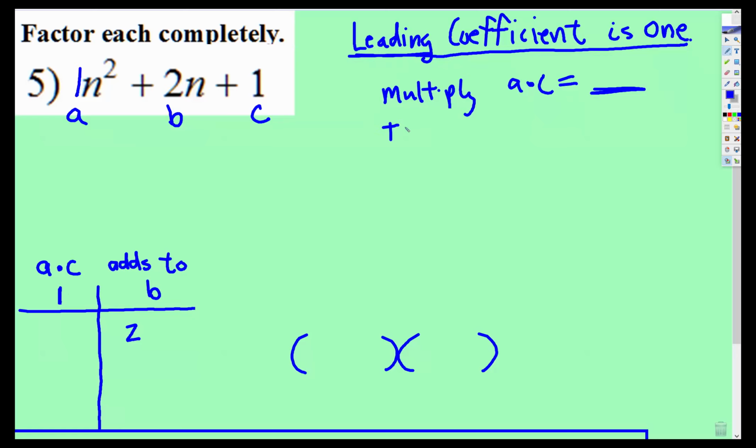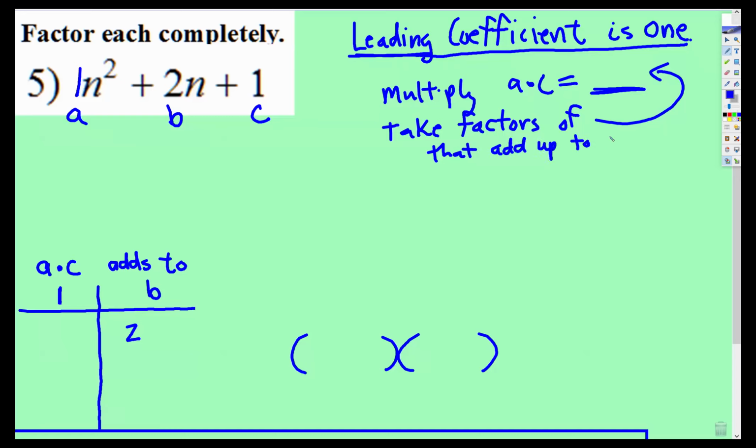And then you take factors of the result, of the product, that will add up to the b value.